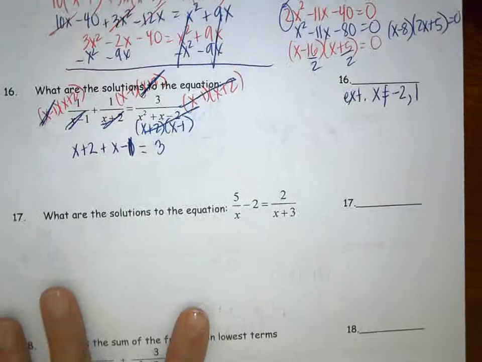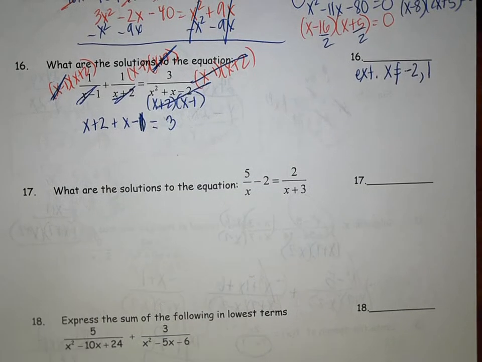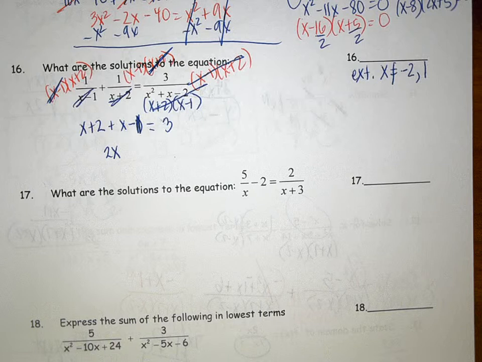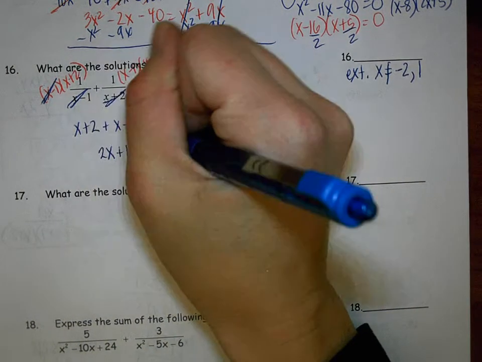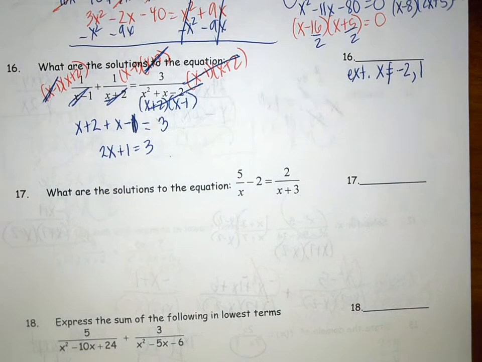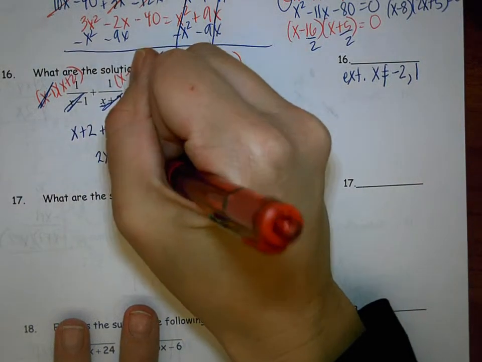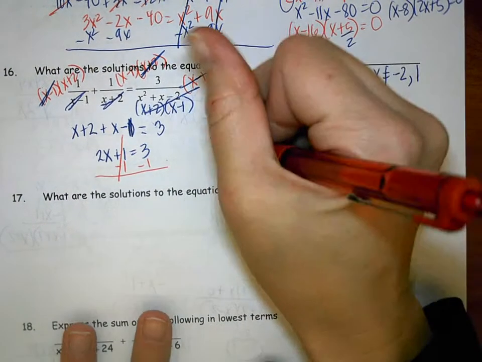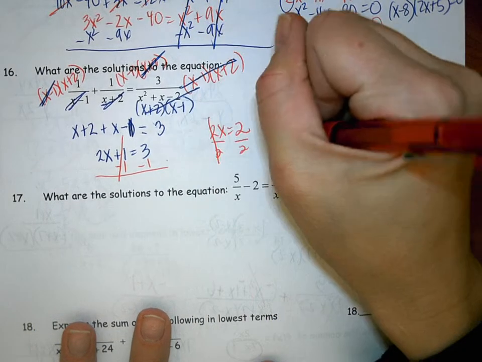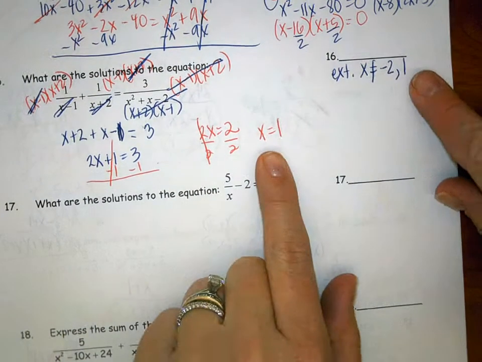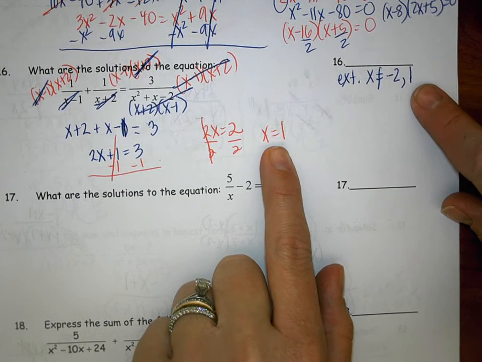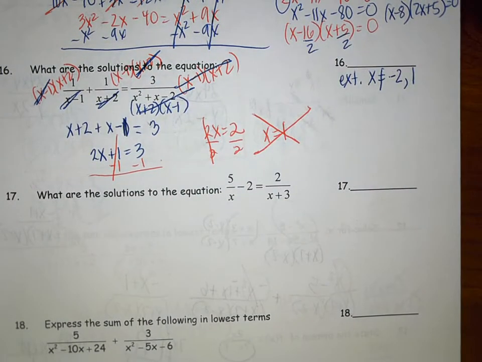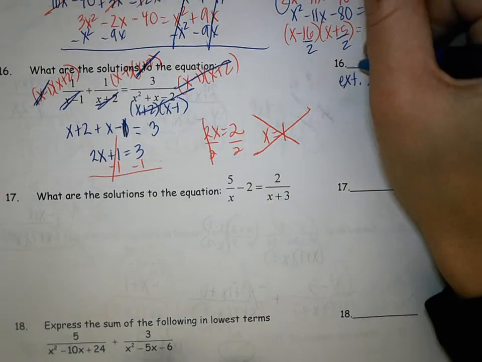Okay, so we combine our like terms. x plus x is 2x, and 2 and negative 1 makes plus 1 equals 3. So to solve for x, next I would subtract 1. We get 2x equals 2, and lastly we divide by 2, so x equals 1. Well, when you check with your extraneous solutions, it's saying x cannot equal 1, can it? So this won't work. Since there's no answers left, the answer is just no solution.